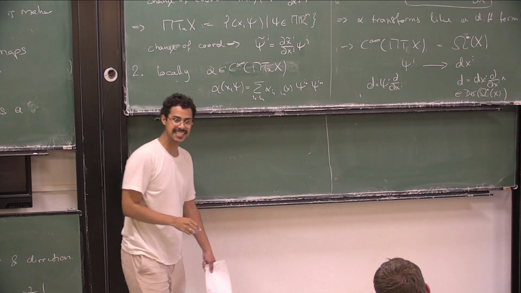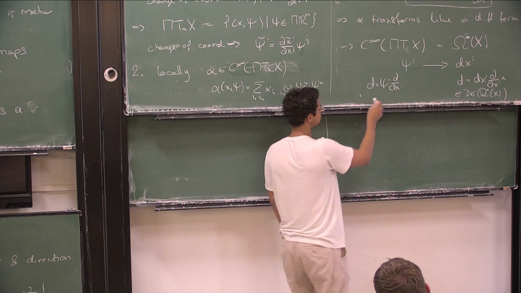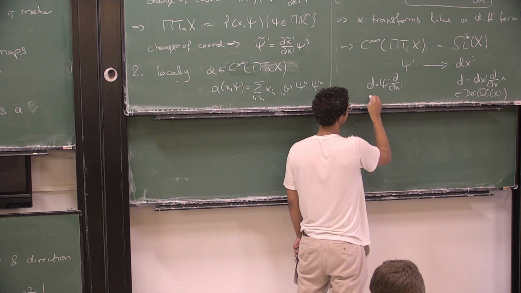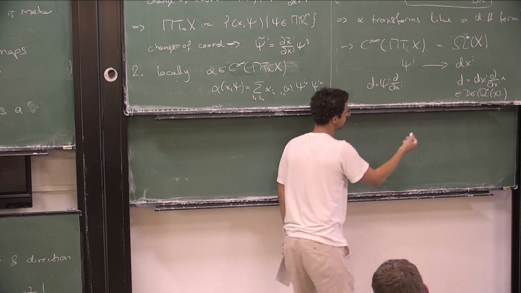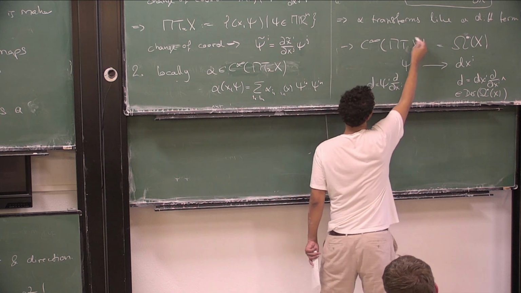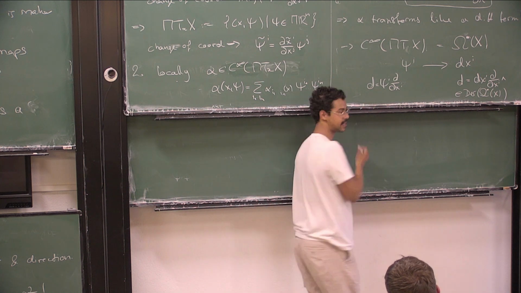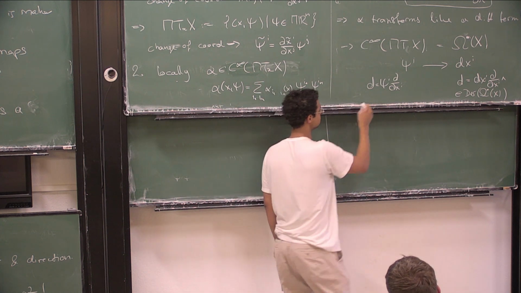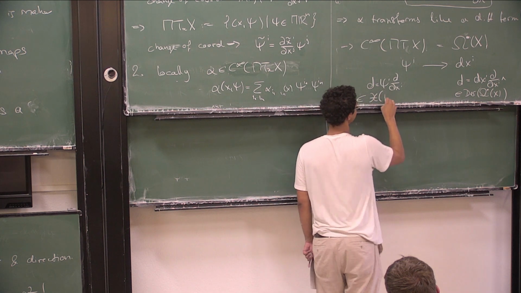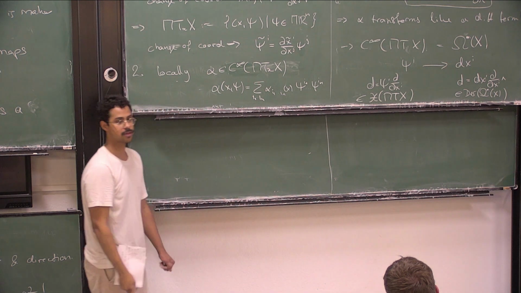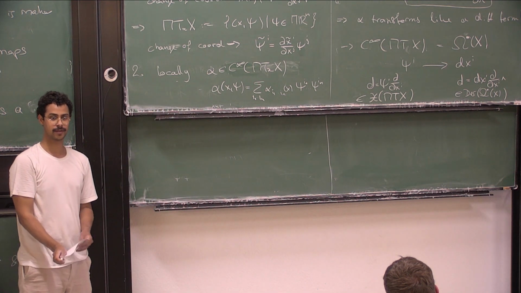This looks rather easy, right? If you think about it, it's a derivation of these functions, meaning it's a vector field. So this is now a vector field on pi tx. The de Rham operator can be thought of as a vector field.